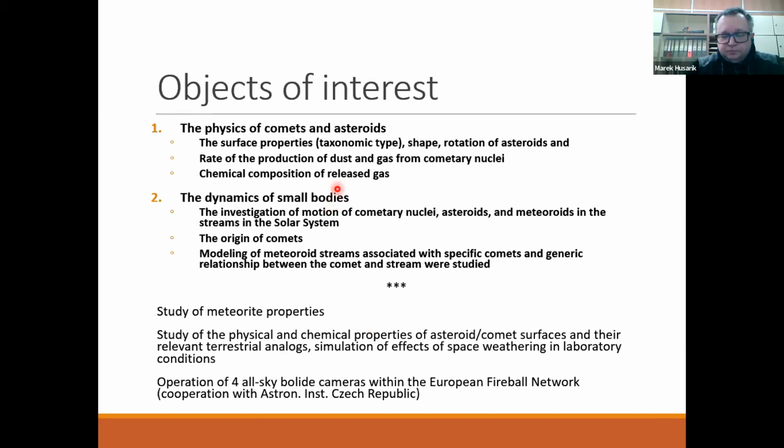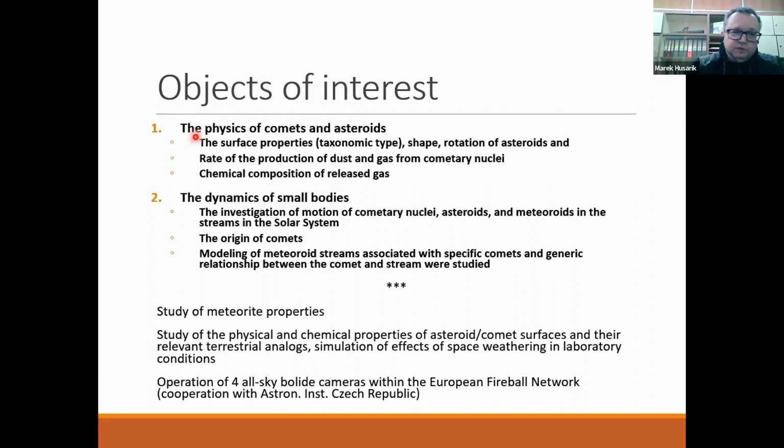The second department is the department of stellar physics. They observe variable stars and exoplanets. And the third department is focused on interplanetary matter. Here are written two main objects of interest.